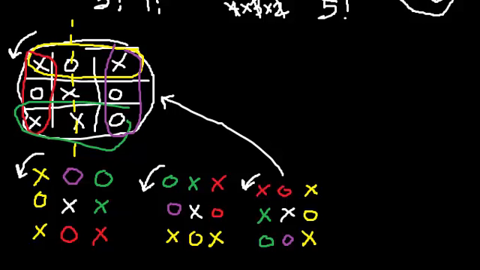I'm just going to use the color signature that I use here. This would be red. So if I flip it along the y-axis, it would be x, o, x on the right side. The center would remain the circle, x and x. And this is violet, so I'm going to use violet. So violet would be x, o, x. So this is a result of flipping it on the y-axis.